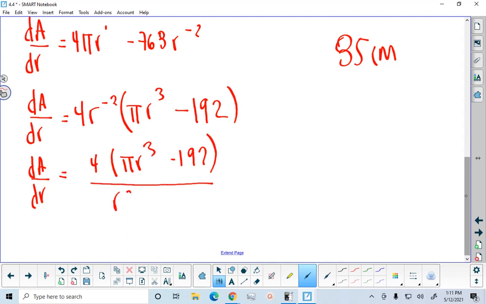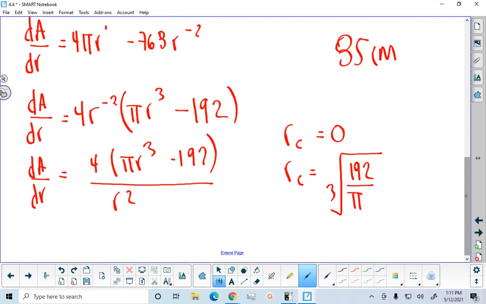So we've got a couple of critical values of r. One of the critical values of r for this derivative is 0, because that would make the derivative undefined. And one of the critical values of r is the cube root of 192 over pi.